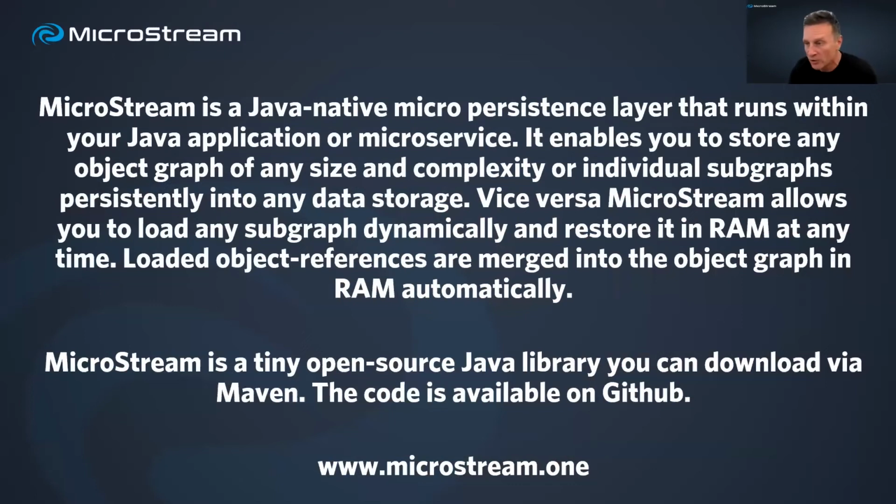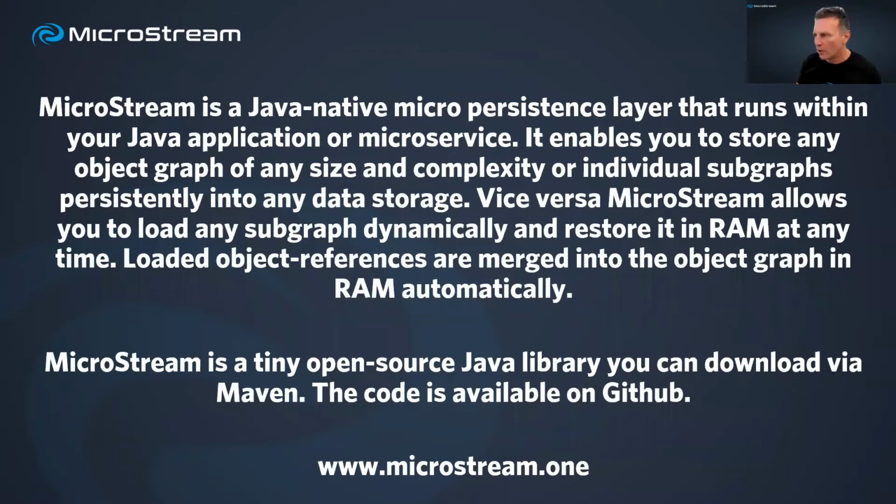What actually is MicroStream? It's a Java native persistence, micro persistence layer. You can compare it with Hibernate in terms of storing data, in terms of storing objects. But it's from the technical perspective completely different.